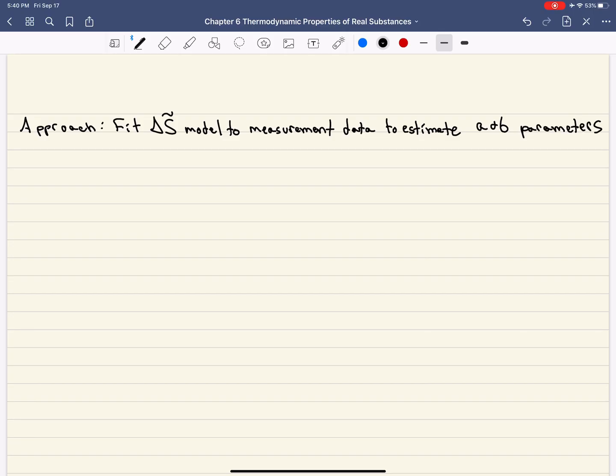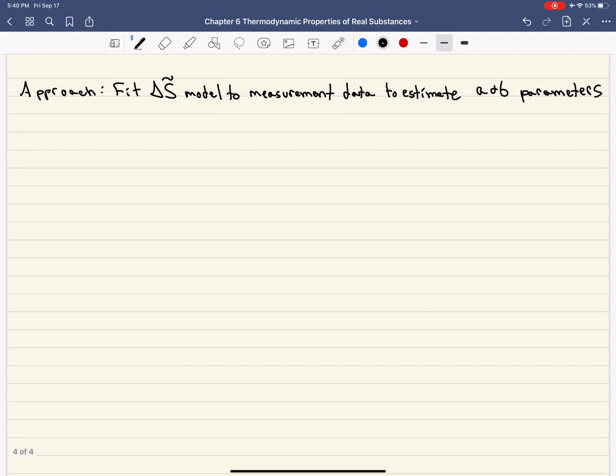All right, so that's the approach. The right-hand side of that equation is where we put experimental data, the stuff we measure. The left-hand side is where we write out our mathematical equation. And then we just fit the left-hand side until it matches the right-hand side.